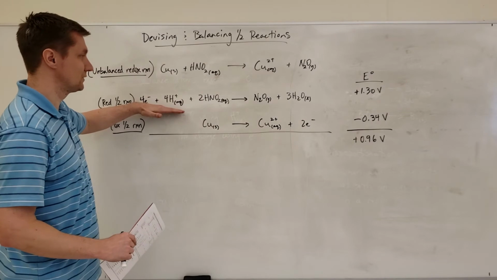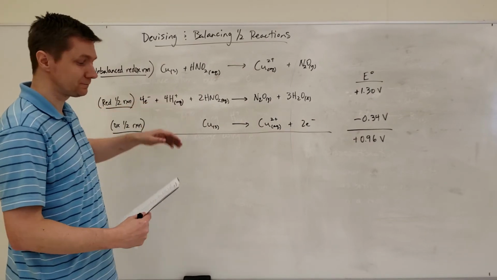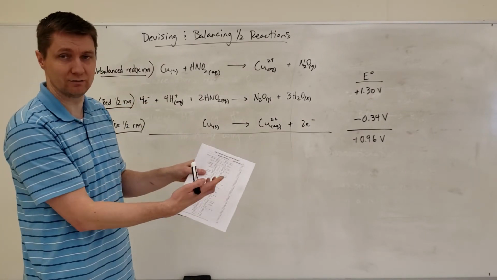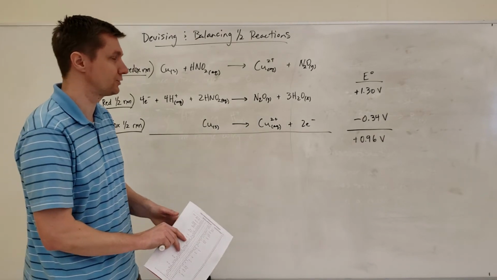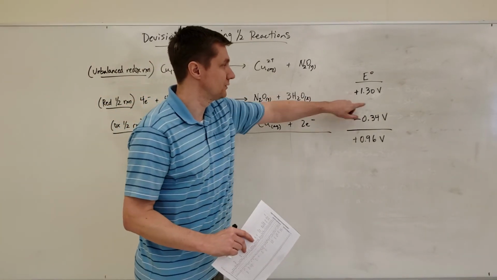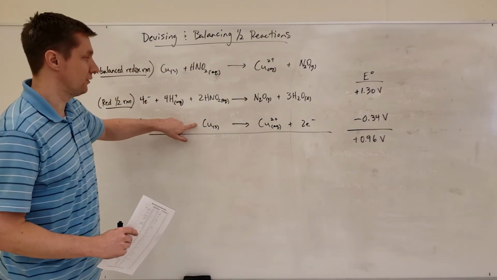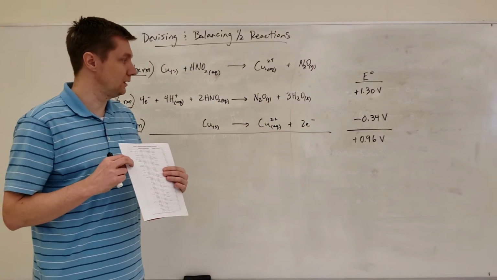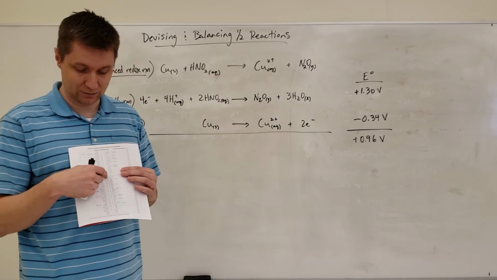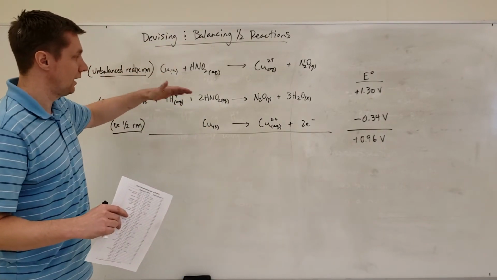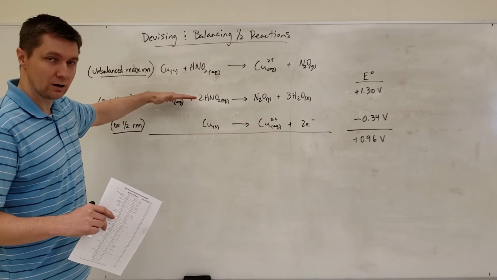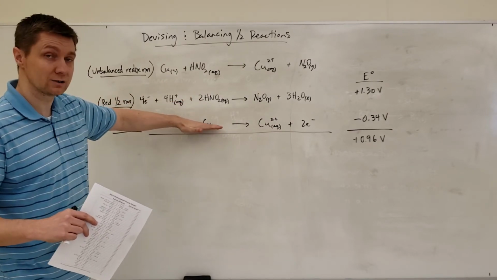And that's because this is a reduction half reaction, and that's the number that's given in the booklet, because this is a booklet or a chart of reduction half reactions. So there it is. This half reaction is written backwards as it's written in the book here, and it's because for every redox reaction, I have a reduction half reaction and an oxidation half reaction.